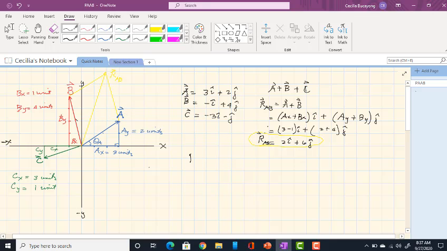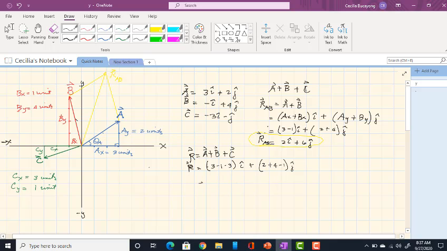So resultant vector is equal to A plus B plus C. So in here, our vector R is equal to, just a quick review, 3 minus 1 minus 3 I hat plus 2 plus 4 minus 1 j hat.